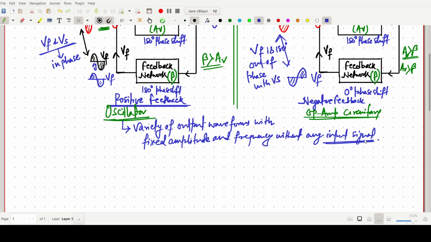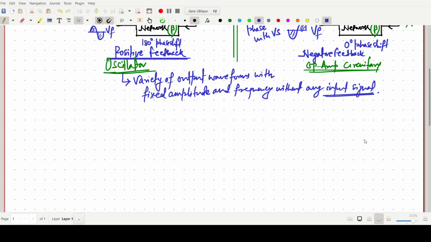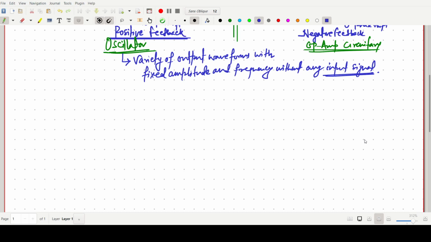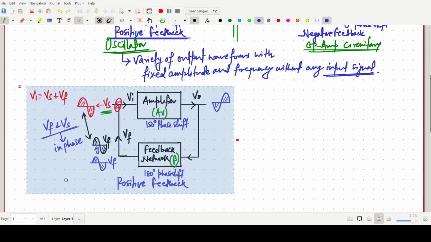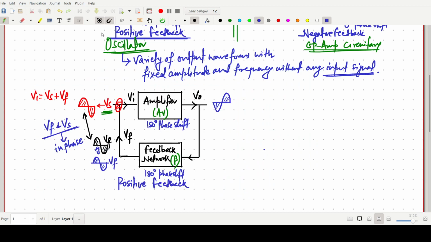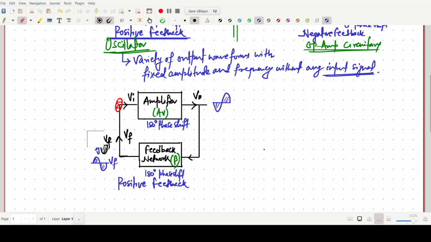Basically, as I have already told, for an oscillator we have to go for positive feedback. So I am drawing the same diagram here, first erasing some portion.